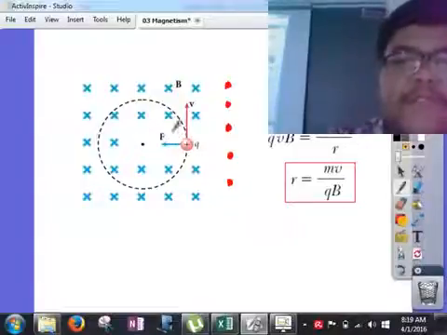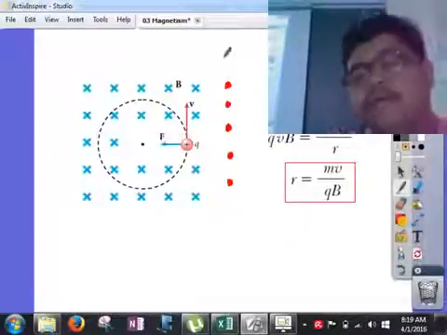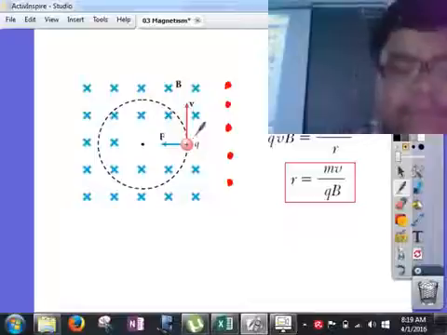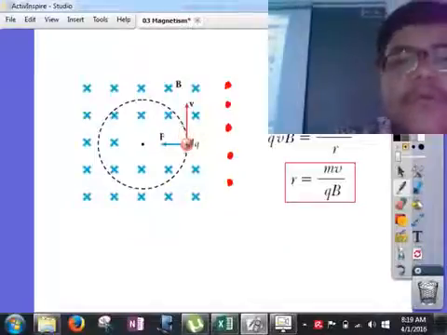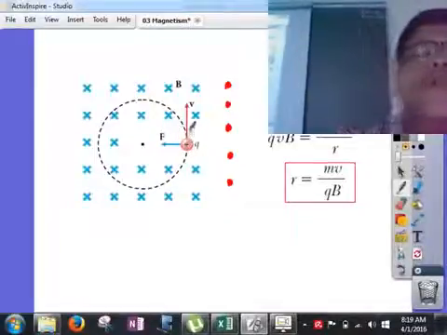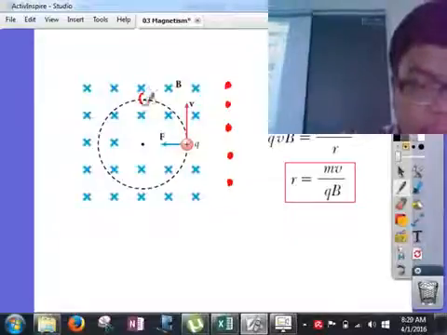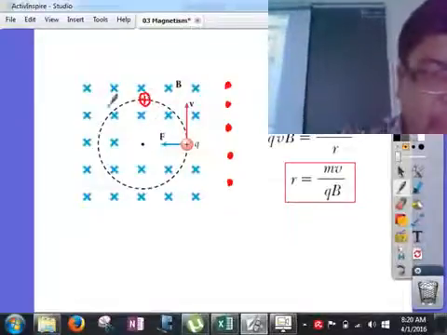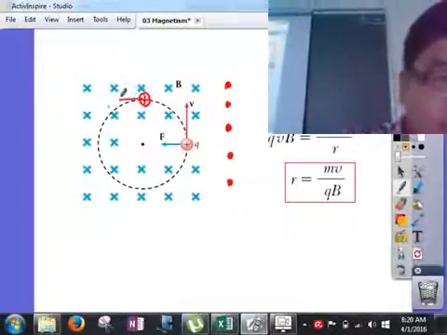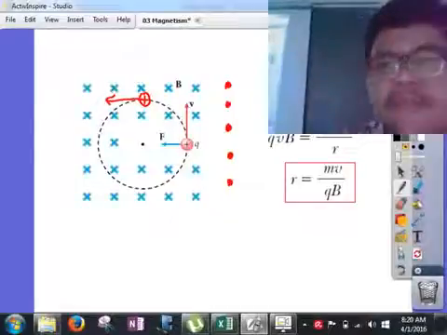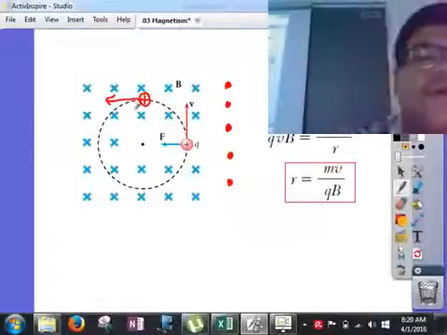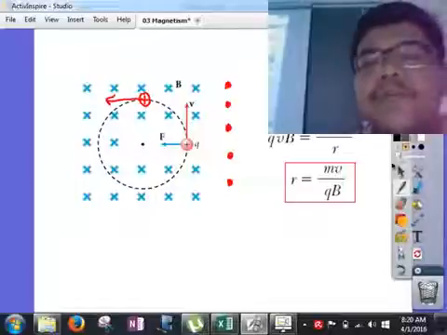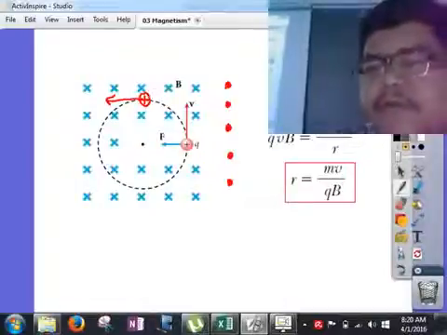Come in. The force will be to the left. Pak, tutup. So this charge will move here, and because we know the velocity is in this direction, what will happen to the charge here?